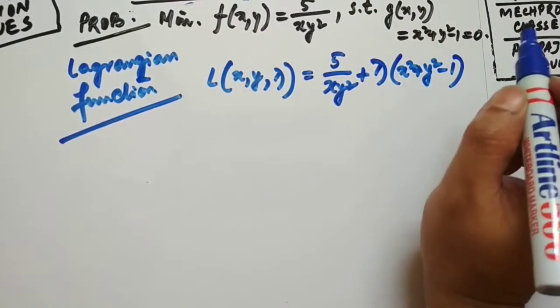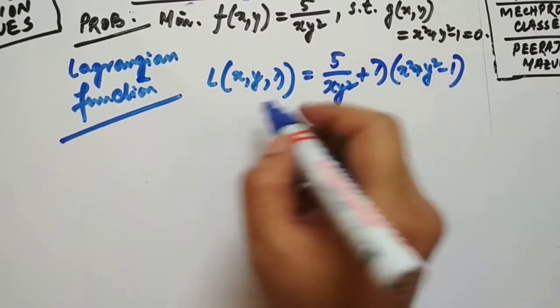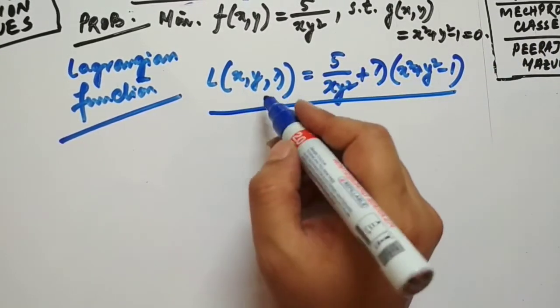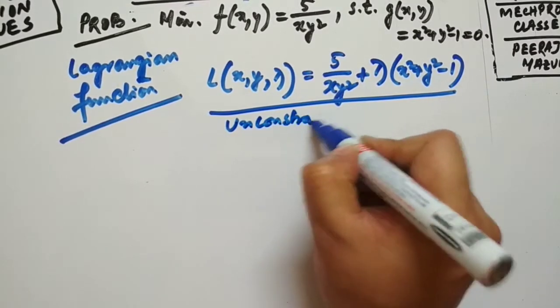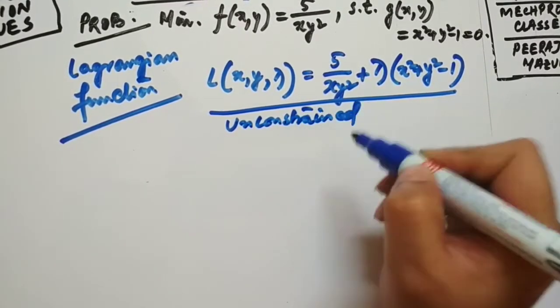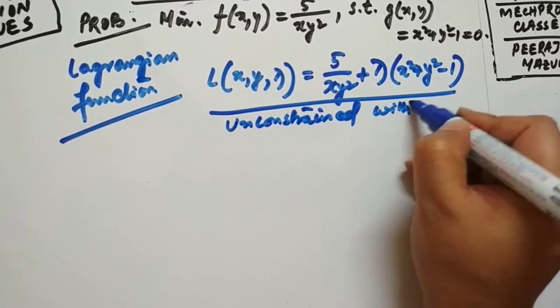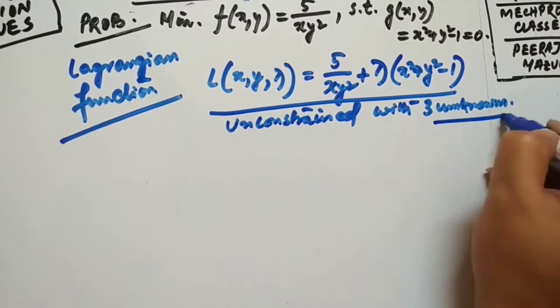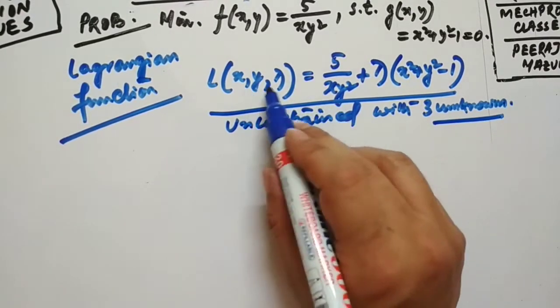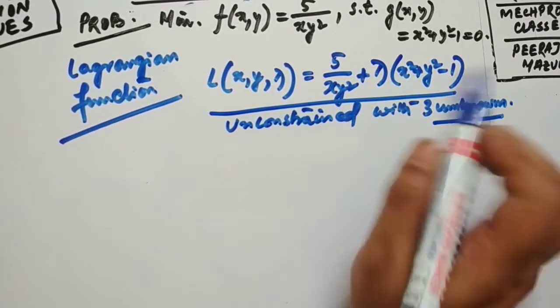Now this equation is unconstrained, with 3 unknowns: x, y and lambda.